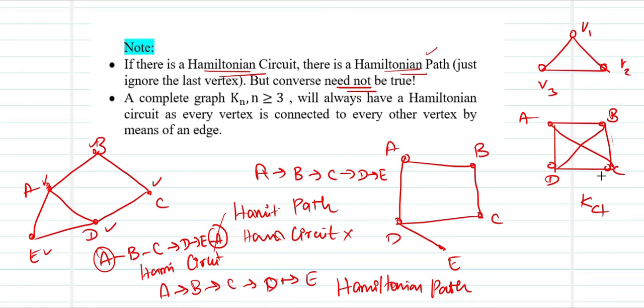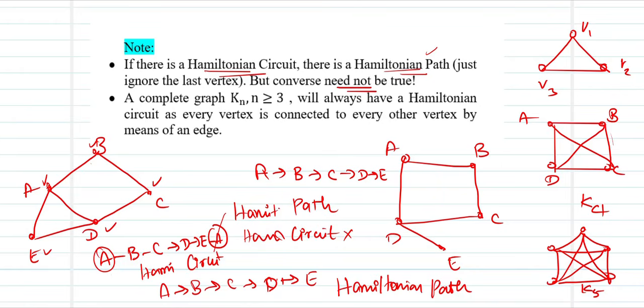So obviously we will be able to find one. What is going to be your K5? Your K5 is one where you can traverse everywhere over here, and with every other vertex you join these. So this is going to be your K5. When you are just roaming around the boundary of your K5, then you will be getting your Hamiltonian circuit, which makes sure that you start at the vertex and you end at the same vertex.